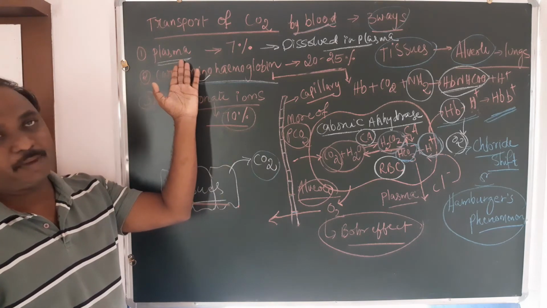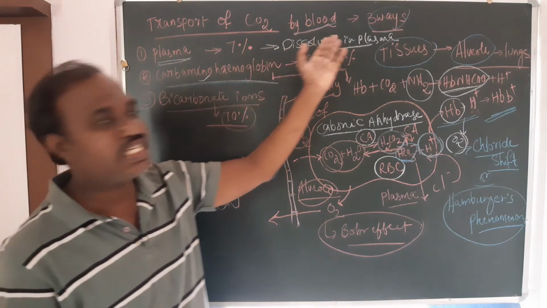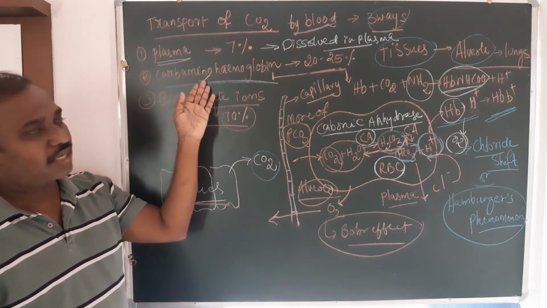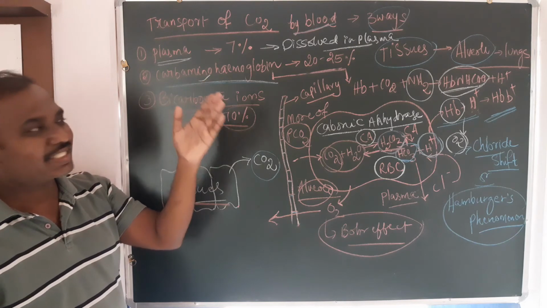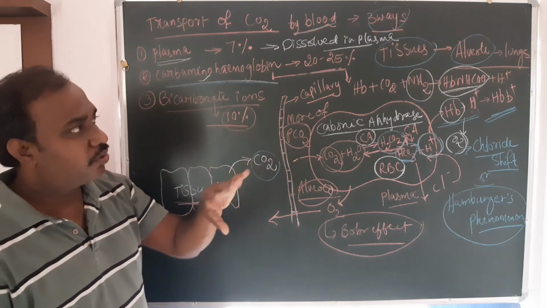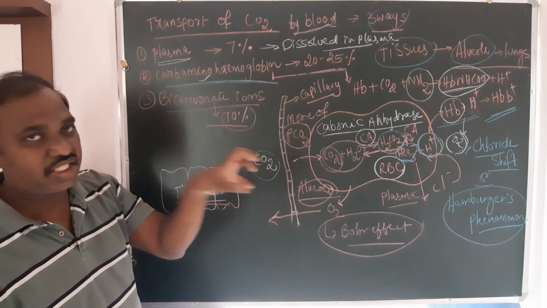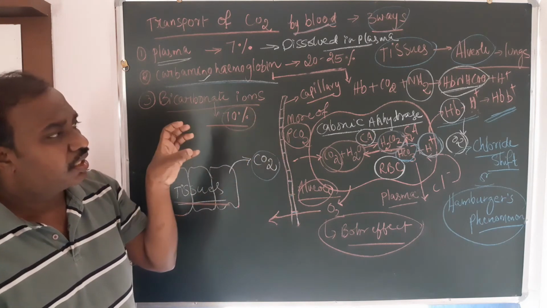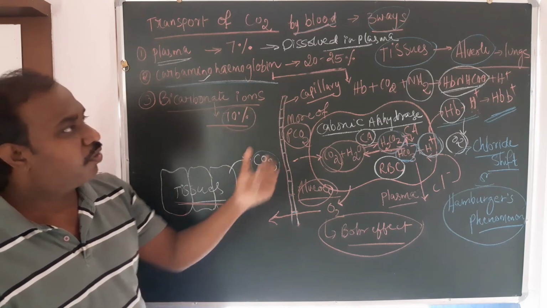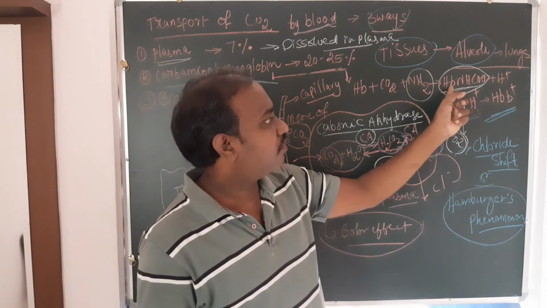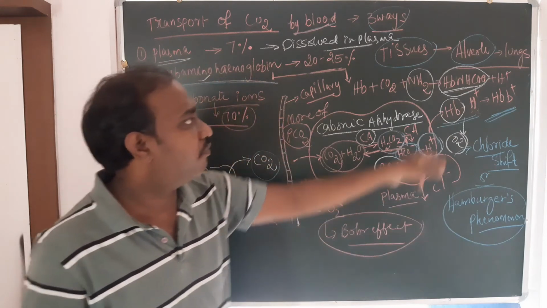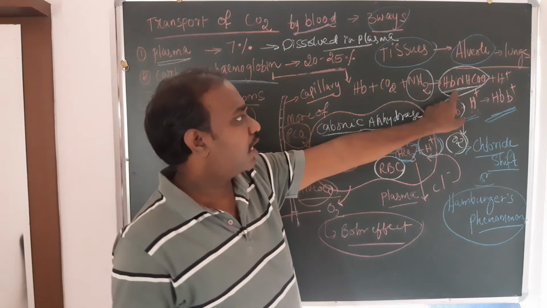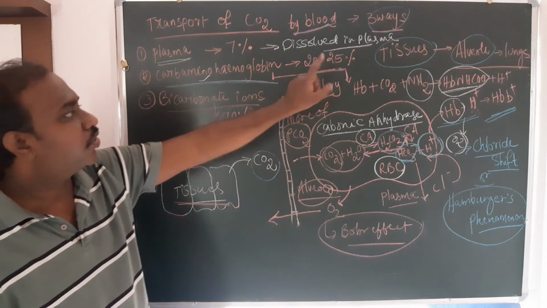In the plasma, 7% of it is simply dissolved. Then carbaminohemoglobin: it gets attached to the amino acids of the protein of hemoglobin, resulting in the formation of carbaminohemoglobin. How much of it? 20 to 25%.